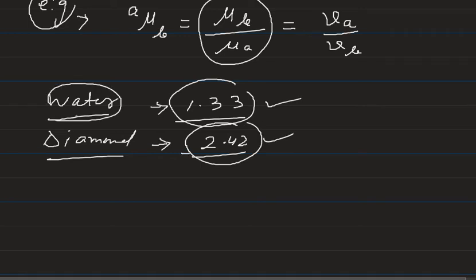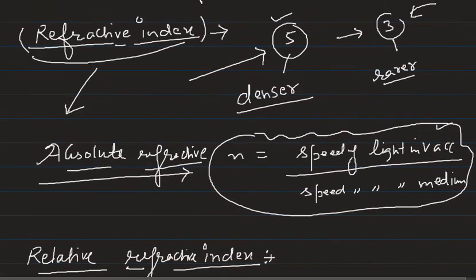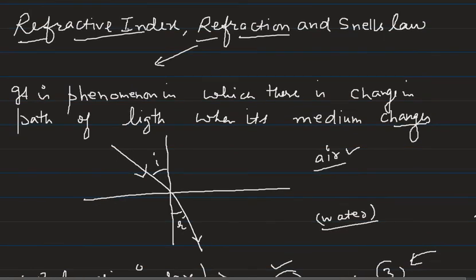So it tells you about what is the extent of refraction when light enters in one medium from the other one. So in this case, like we have two examples of water and diamond, it means that diamond is more denser, optically denser in comparison to the water. So light refracts in a medium depending on the refractive index of that medium or material.